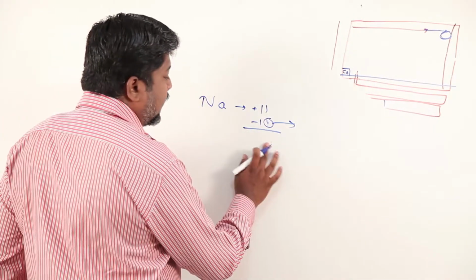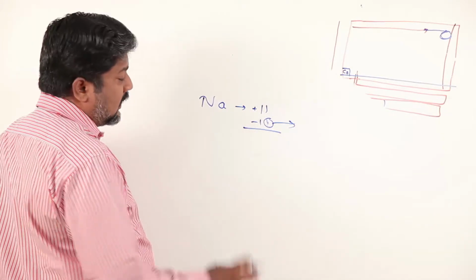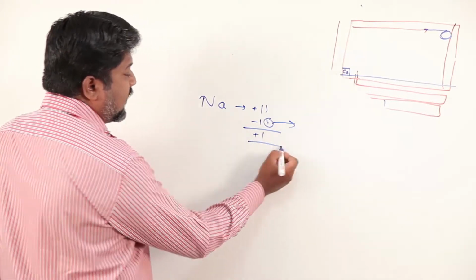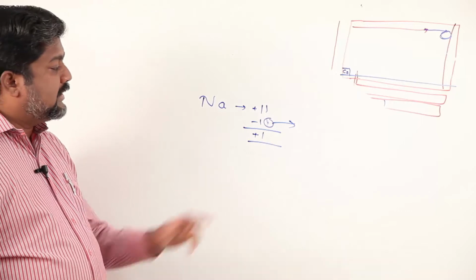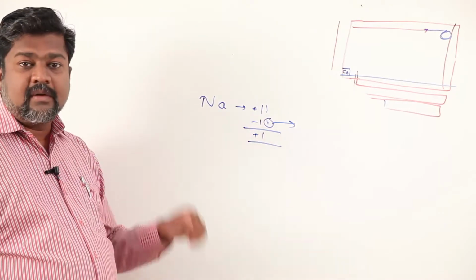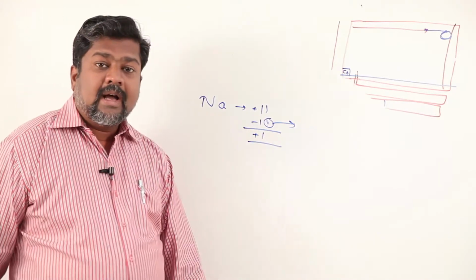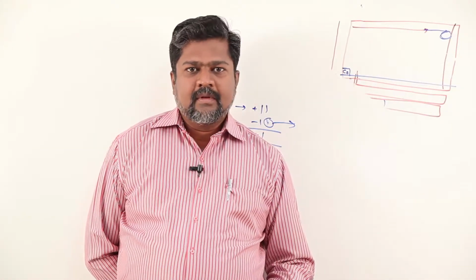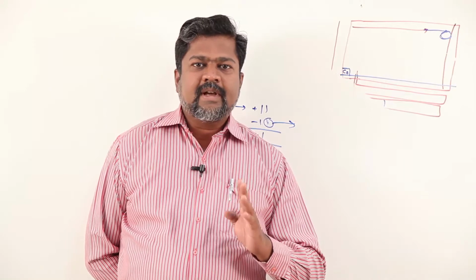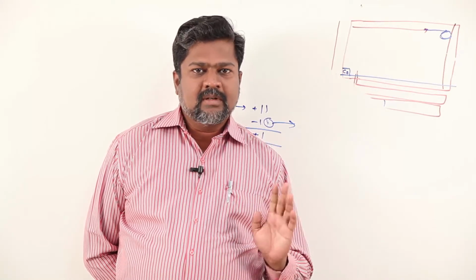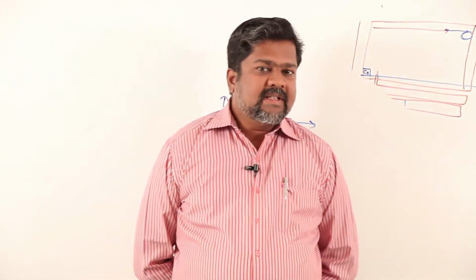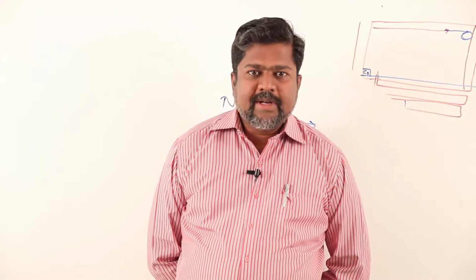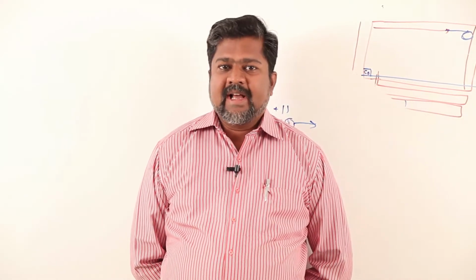And so it will lose its atomic nature and develop into a positive ion, because now net charge is plus 11 minus 10, that will be plus 1. And so this way sodium is converted into sodium ion, giving plus 1 charge. Now the tendency to lose electrons and form a positive ion is considered as metallic character.